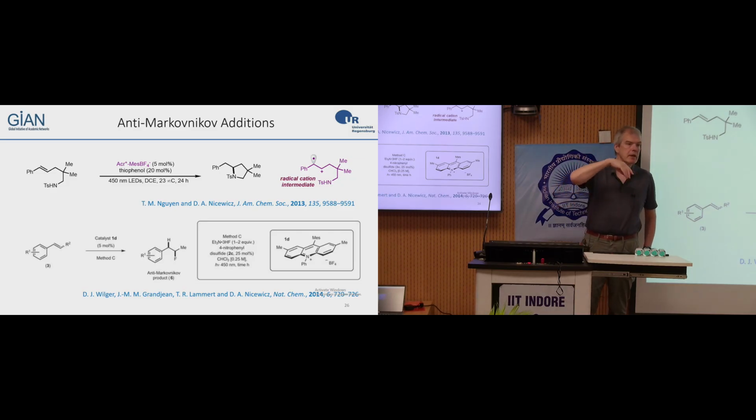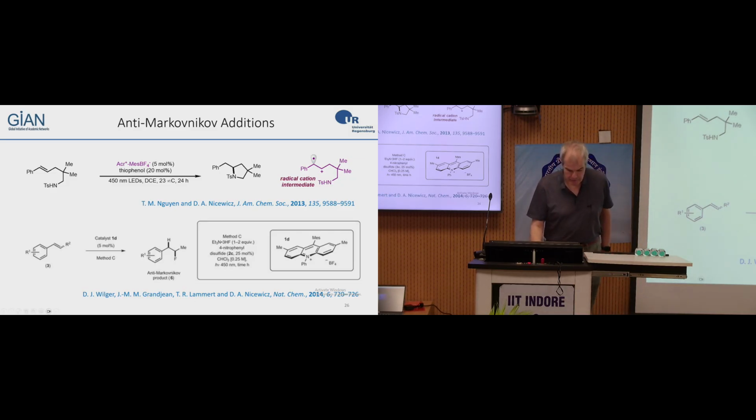Protonation, more stable cation, and then this will give us the product. So for example, if we have any type of styrene, and if we would add acid-catalyzed water to it, then this would be going through the more stable cation, and then the water would give us this alcohol, this water addition.